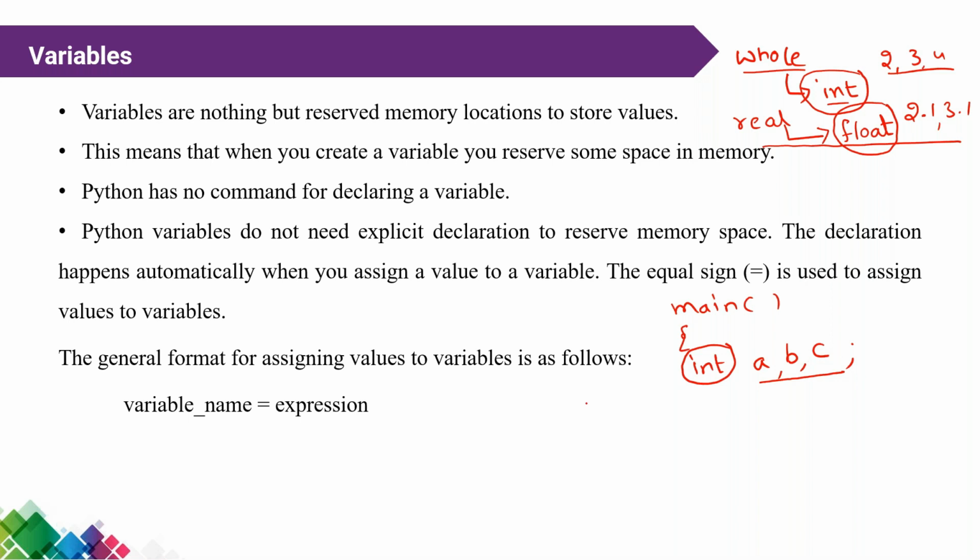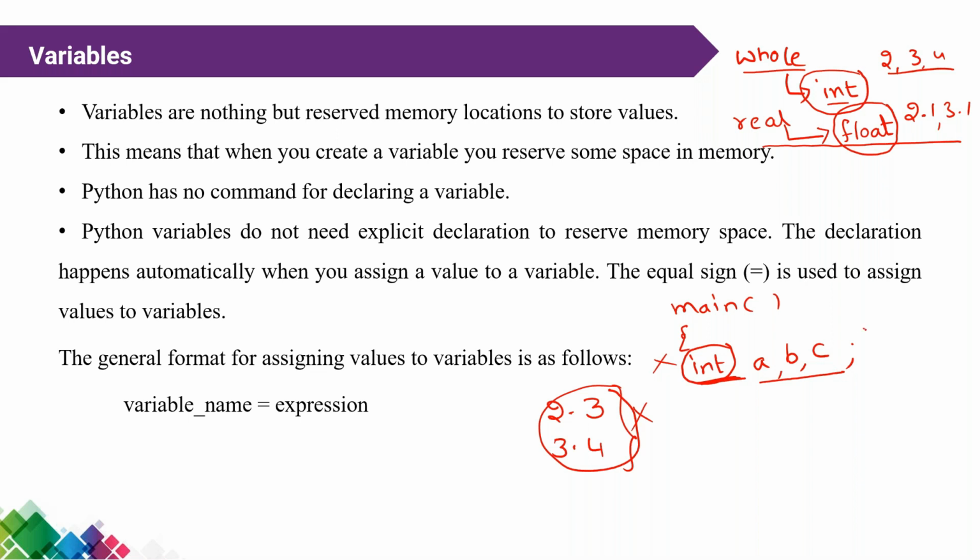For example, if by mistake I give A value 2.3 and B value 3.4, it gives an error. Why? I declared the variables as integer, but I gave float values. This is one of the main problems in all programming languages except Python.